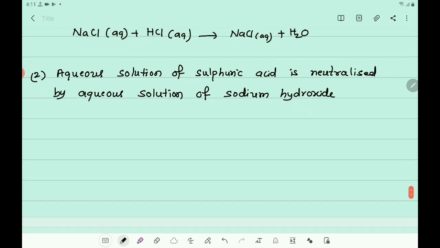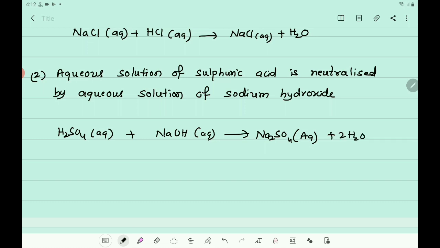So you write H2SO4, that is aqueous, aqueous means in water, plus NaOH, also an aqueous solution. It gives sodium sulfate, which is a salt, Na2SO4, that is also an aqueous solution, plus 2H2O. Here, for balancing, 2H2O means here 2 NaOH.